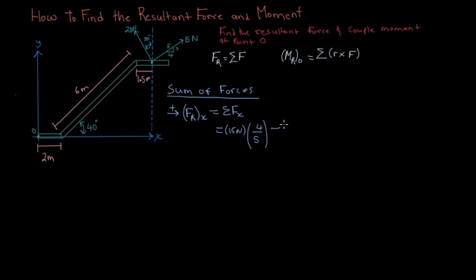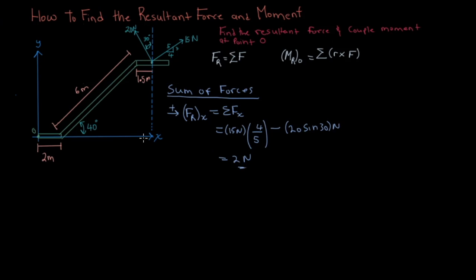From trigonometry, the opposite component is sine of the angle. So we get 20 sine 30 newtons, and putting that into our calculator, we get 2 newtons. So the resultant force in the x direction is 2 newtons.